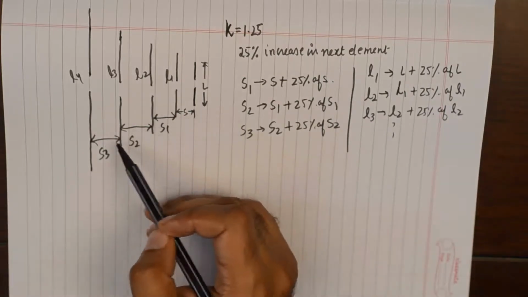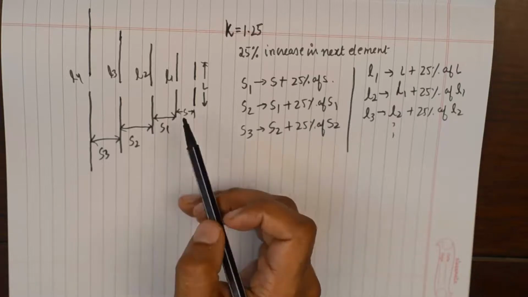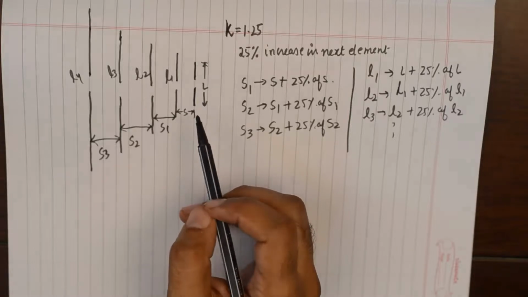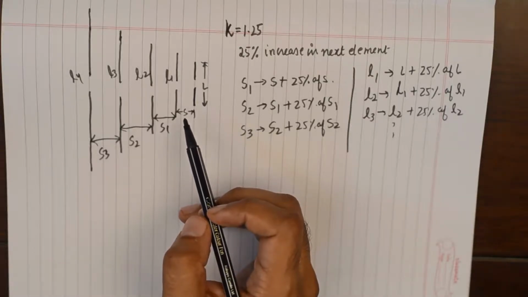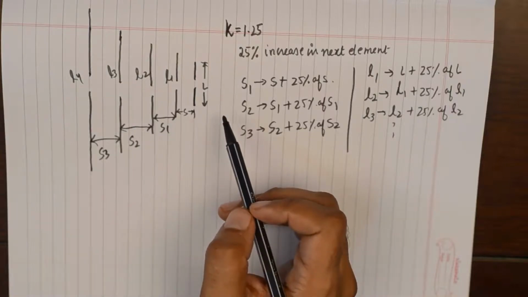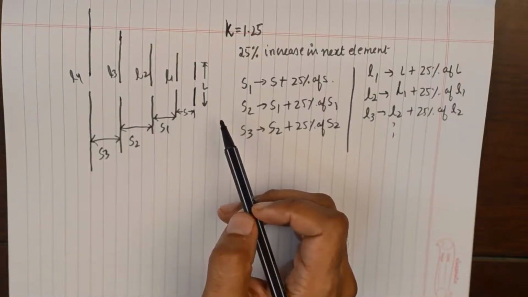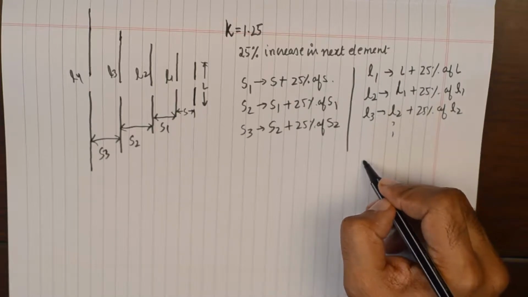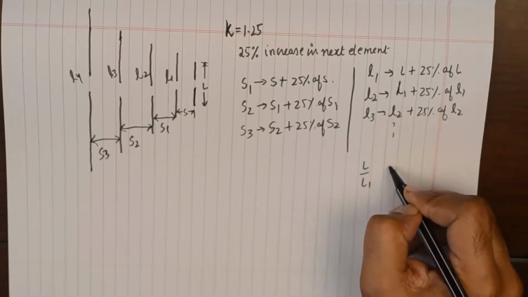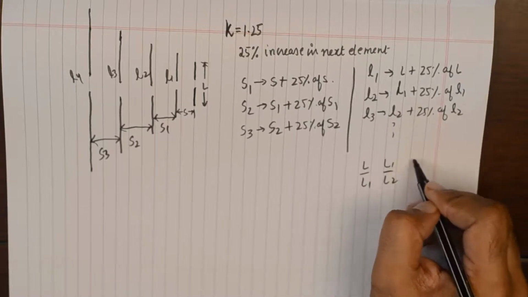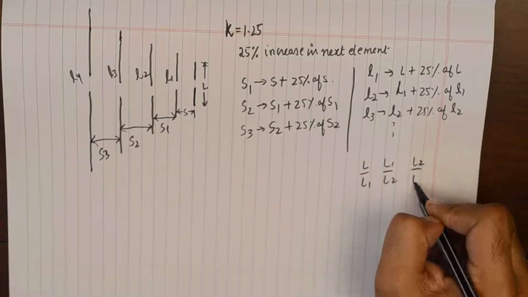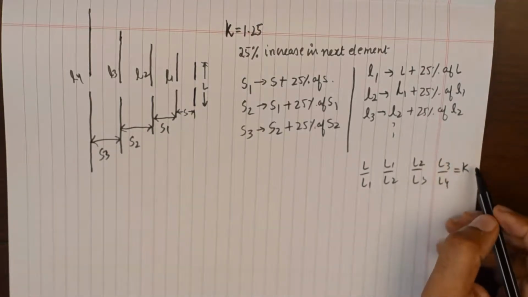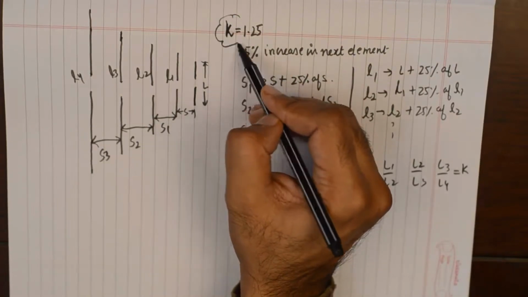It does not have a uniform distance between the elements, and that is the reason this antenna array is popularly known as a log periodic array, because the ratio of L upon L1 and L1 upon L2, L2 upon L3 and L3 upon L4, it remains a constant K, which we decide in the beginning of designing the log periodic antenna.